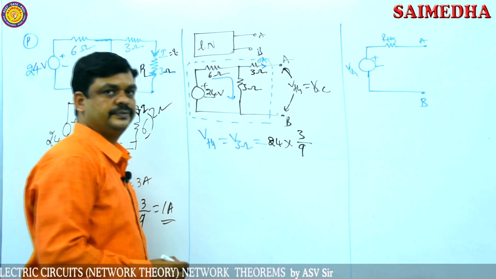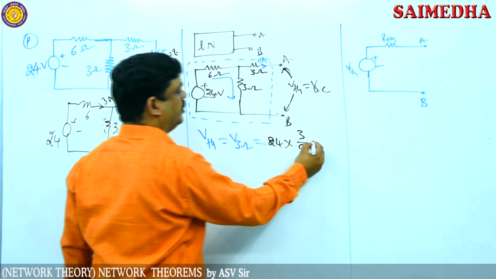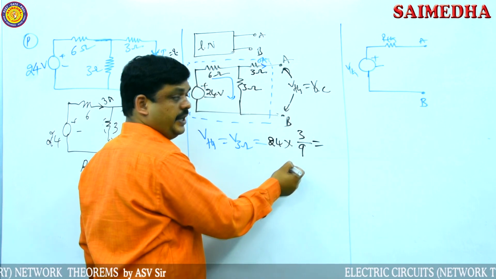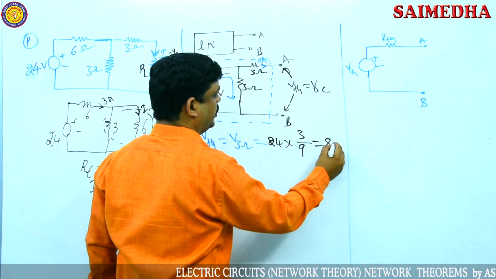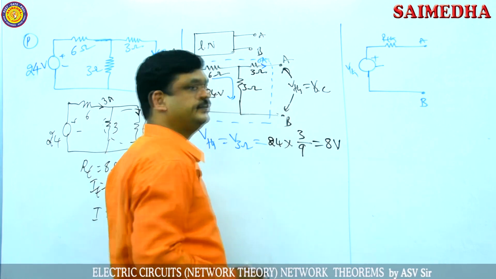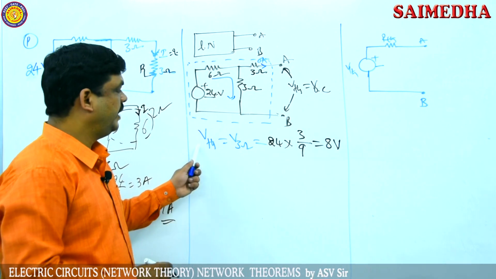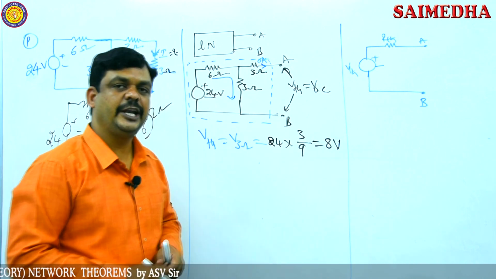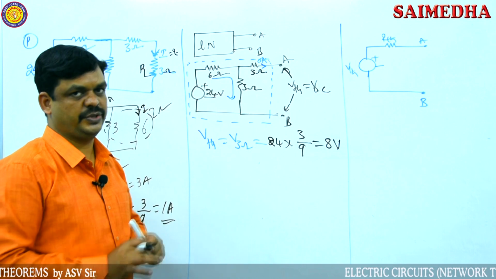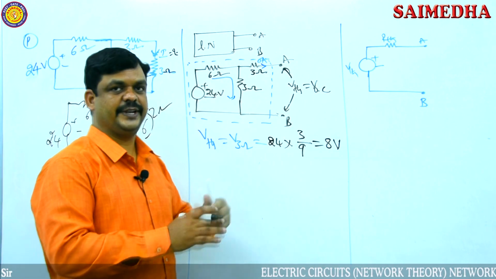Simplifying the 3 and 3, it gives 8 volts. So after simplification, Thevenin's voltage is 8 volts. Thevenin's voltage is finished.